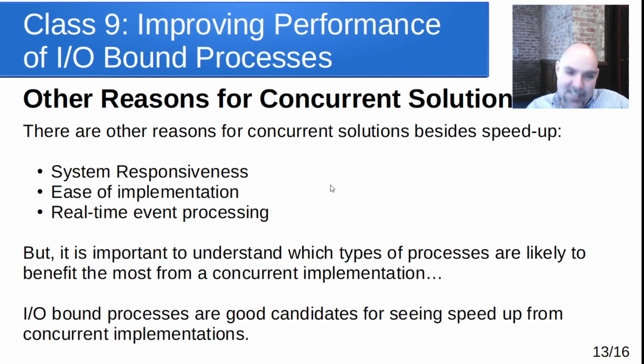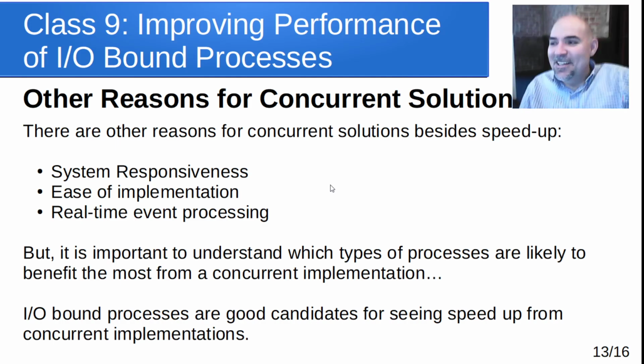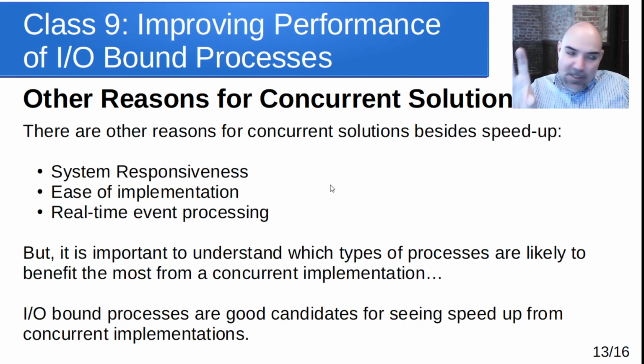Click, click, click, click, click. And then all of a sudden, 20 of them all show up on the screen at one time when it finally gets around to handling those requests. So with system responsiveness, having a concurrent solution where even if you're doing something that's complicated somewhere else, having the system respond to you, especially for a human computer interface, can be important for the user experience.